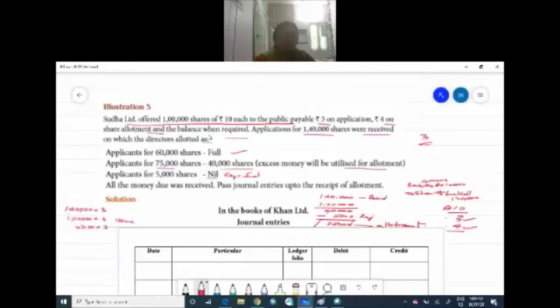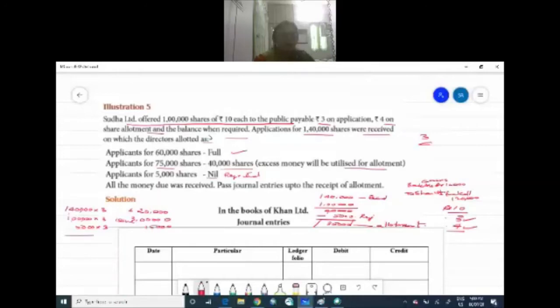So 5 threes are 15,000. Here you're going to get 4,20,000 on application. The actual amount should be only 3 lakhs, and you're going to reject 15,000.